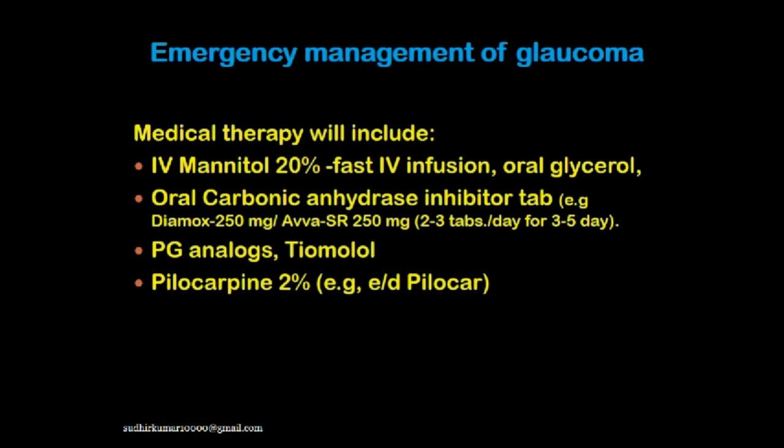So it should be managed on an emergency basis, and the treatment protocol is oral acetazolamide, oral carbonic anhydrase inhibitor, and intravenous mannitol 20% should be given fast, and oral glycerol is also used. Along with this, topical medications like prostaglandin analogues, timolol and pilocarpine can also be given. And the pressure has to be reduced as early as possible. If it is not happening, we must think of some other treatment modality.